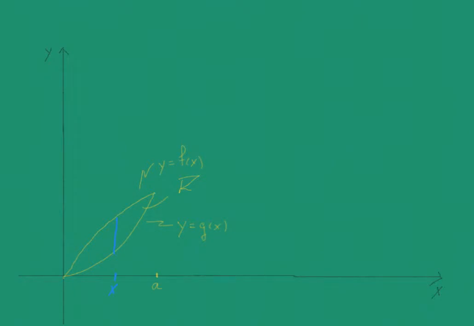After you've picked your point x, formed the vertical line segment in R corresponding to x, ask yourself, what sort of shape are you going to obtain when you rotate just this vertical line segment alone about your axis of revolution?